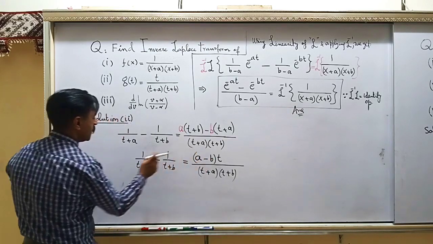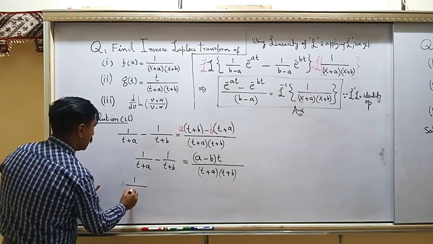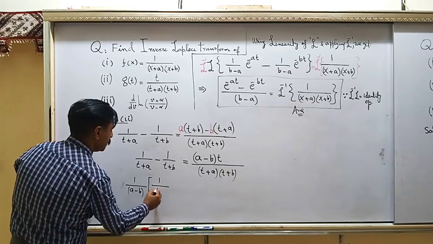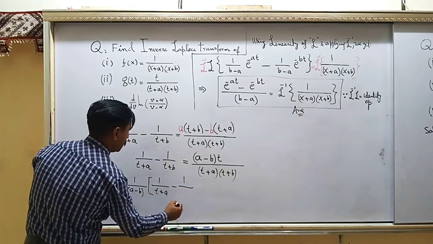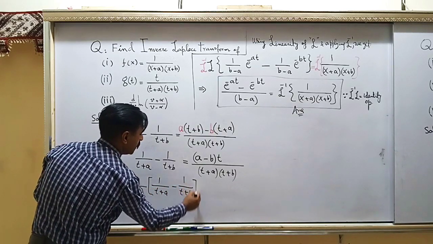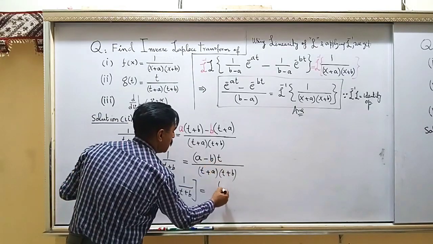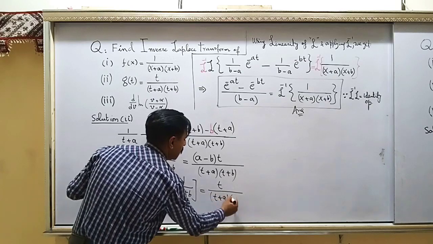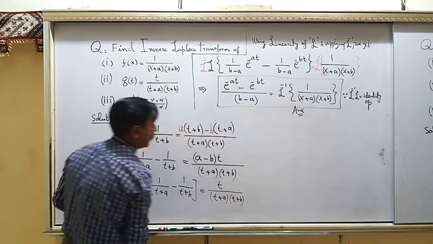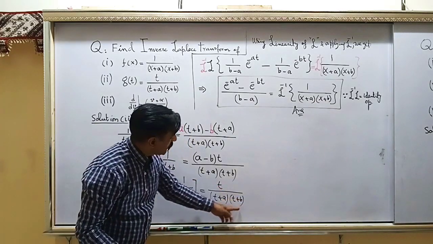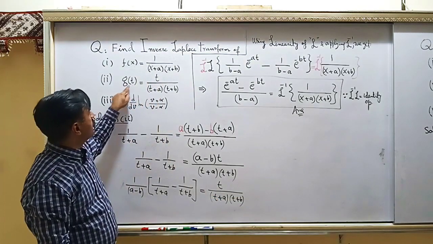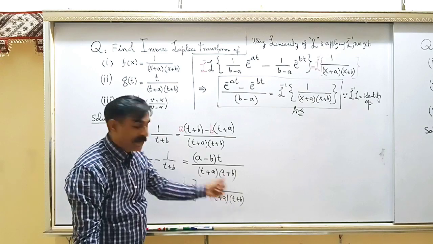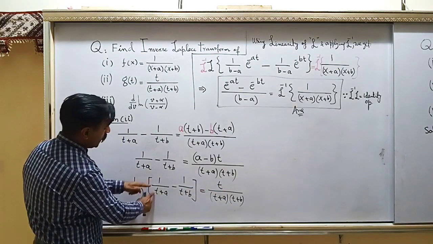Now take this a minus b on the left, so it is 1 over a minus b into the same thing, 1 over t plus a minus 1 over t plus b, and here you have t over t plus a and t plus b. You can also replace this with the function g of t if you like, but I will not do this. I will keep it.